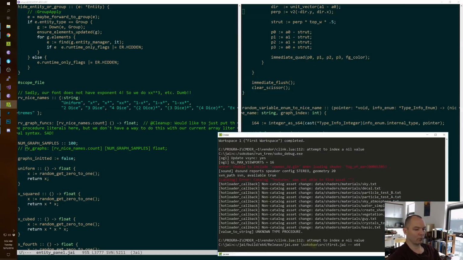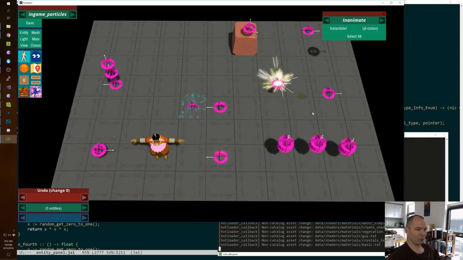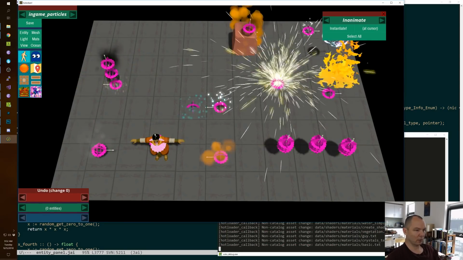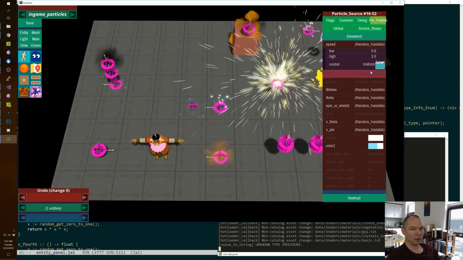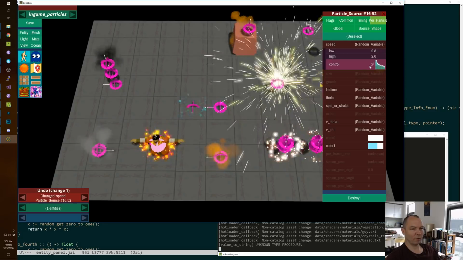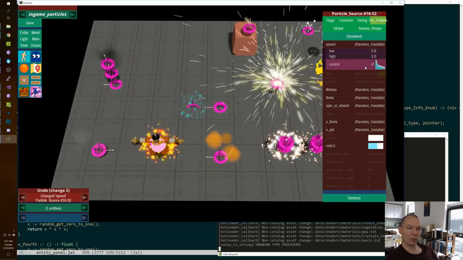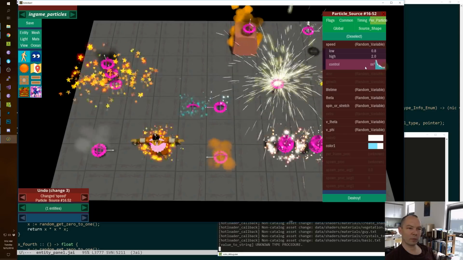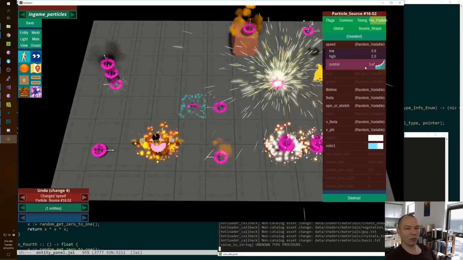And there we go. We are now fully stupid, and I like it. Of course, this is going to be frame rate dependent. Okay, now we could denoise this a little bit.